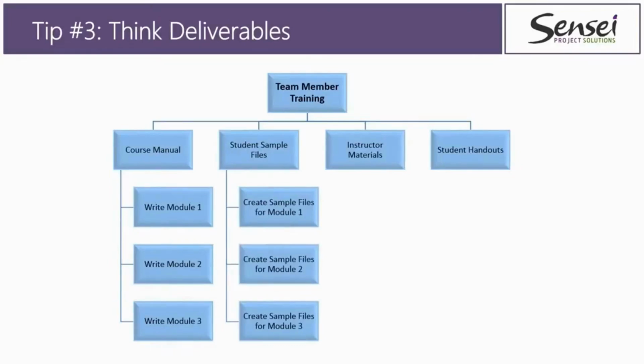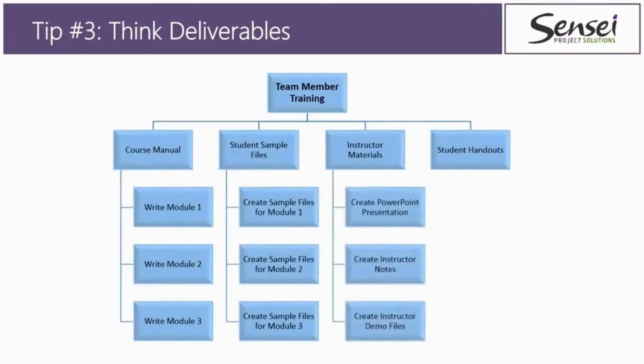How about the instructor materials? For that, well, we need to create the PowerPoint slide presentation, or maybe there's several of those. We need to create instructor notes so the instructor knows what special things to do that are not explicitly written in the course manual. And we may also need some instructor demo files to give in a demo for the students.